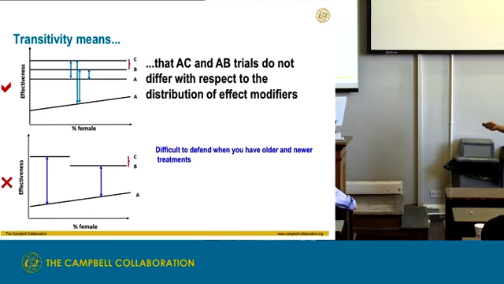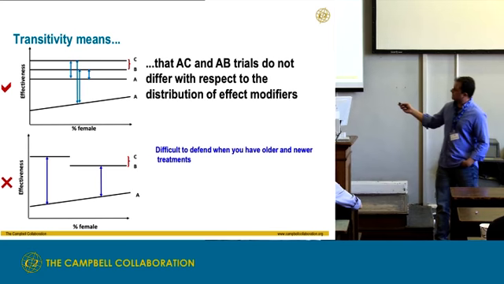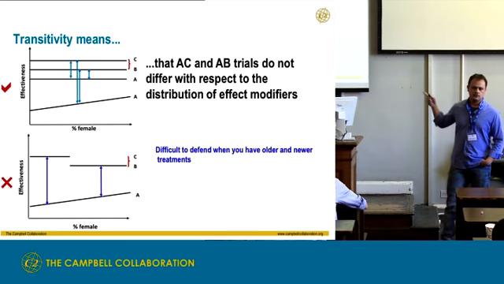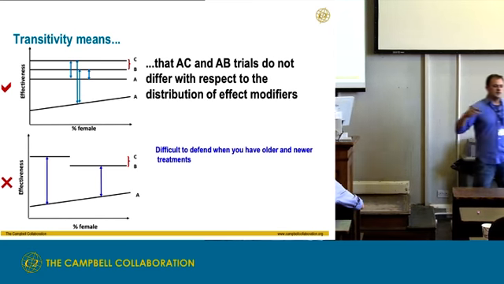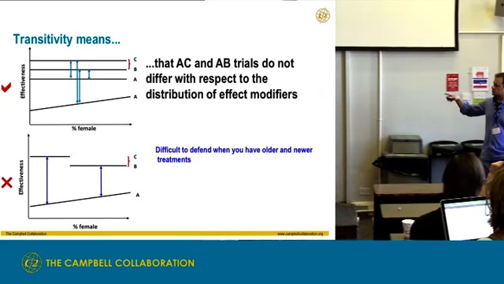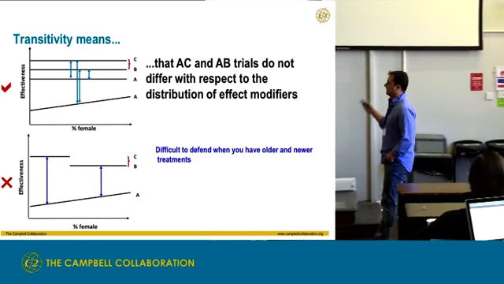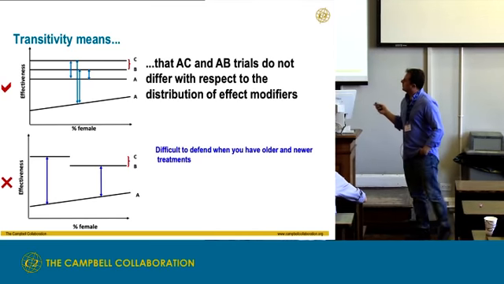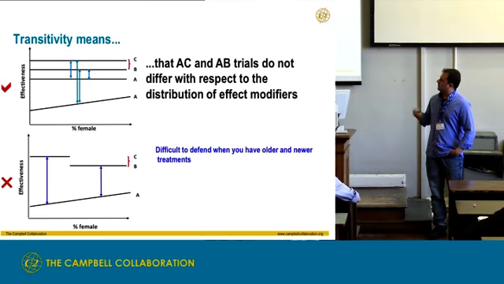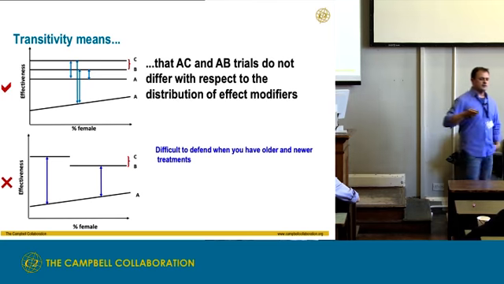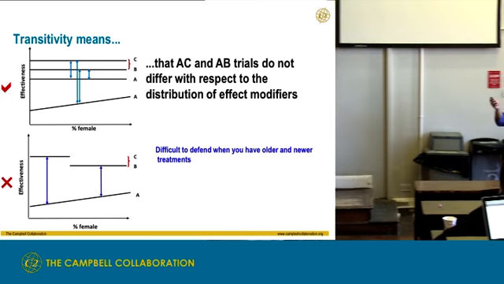Suppose now that the effectiveness of treatment A is not the same across all studies, but depends on the representation of women in the study. So the more women we have in a study, the more effective treatment A is.